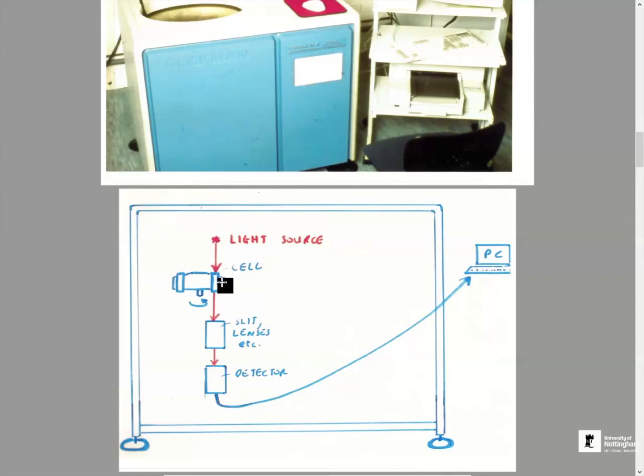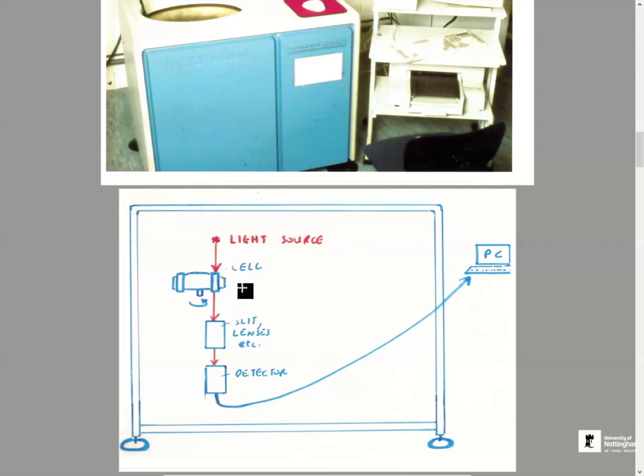If it's a preparative centrifuge, you'd use a plastic tube. If it's an analytical centrifuge, you'd use precision cylindrical cells with transparent windows. With the analytical centrifuge, you have a light source which shines light through the solution inside what we call the cell.